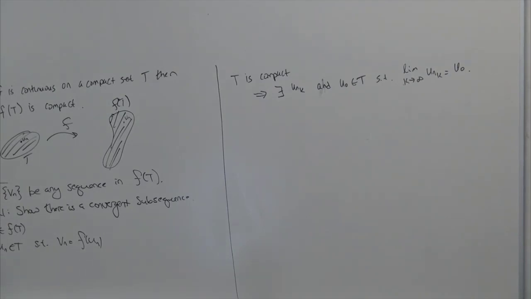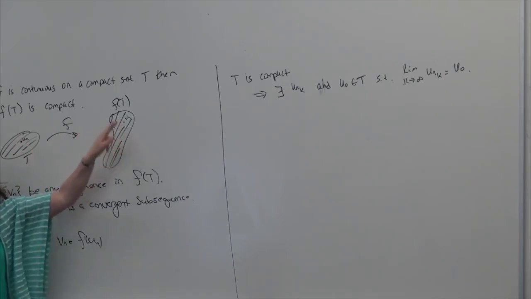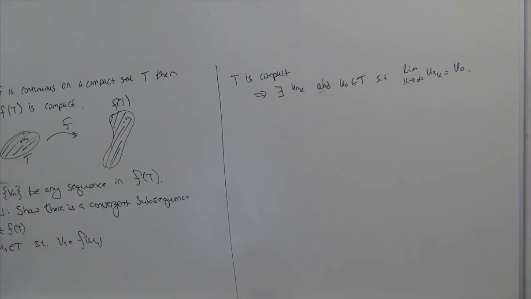Now I want to use the fact that I have a convergent subsequence over here to now say, well, the corresponding subsequence over here must also converge. Well, I haven't used the fact that f is continuous yet. That's probably important. f is continuous, so we can start looking at epsilons and deltas.